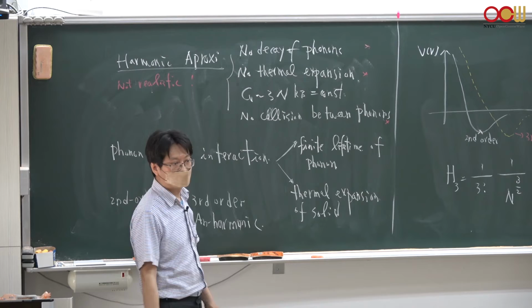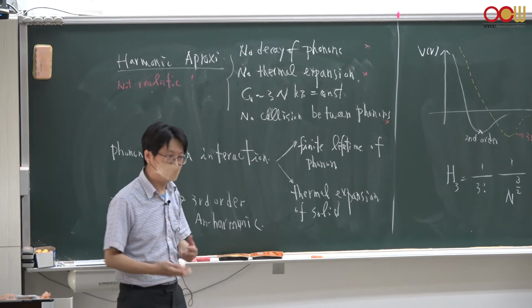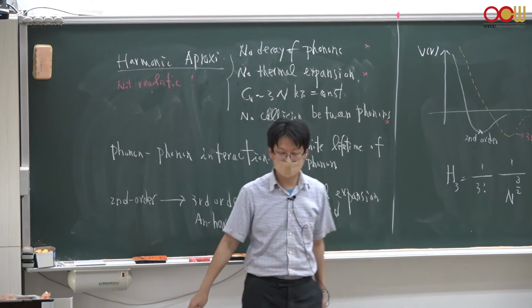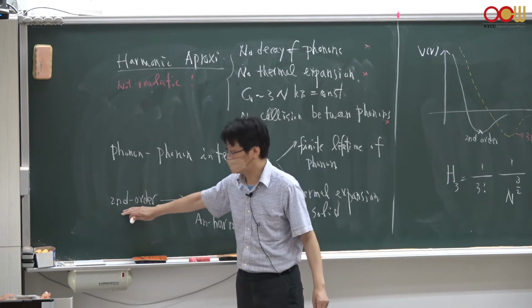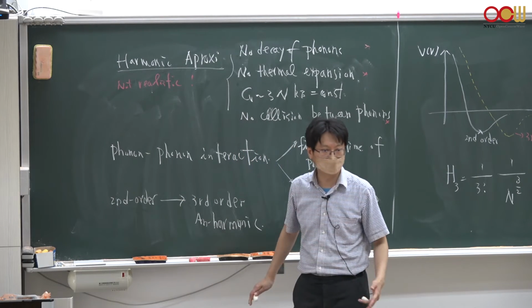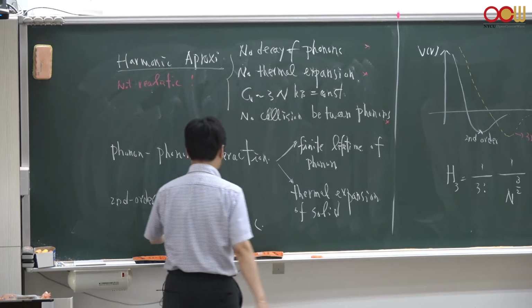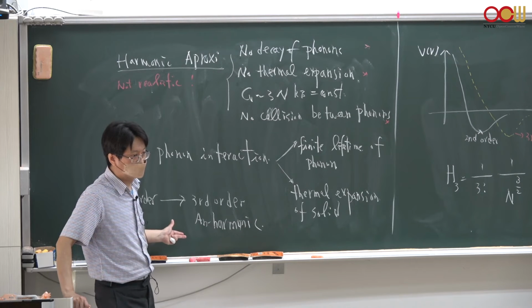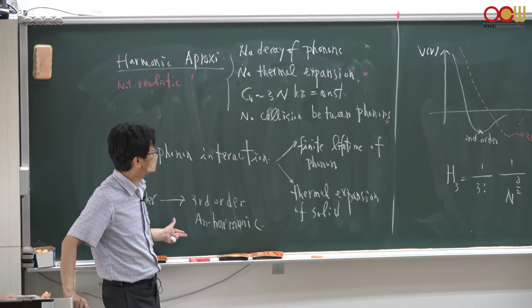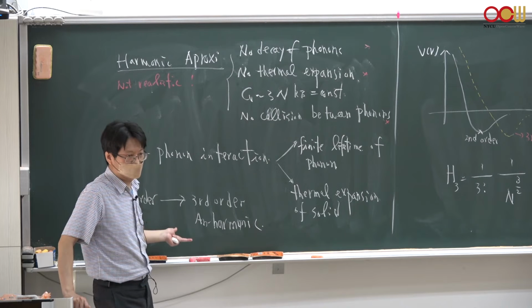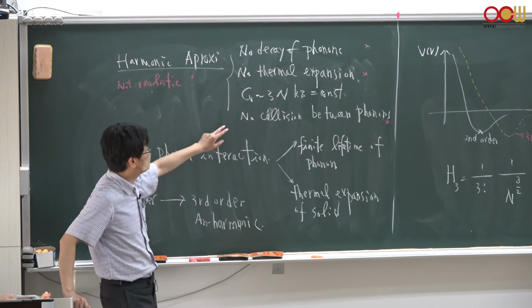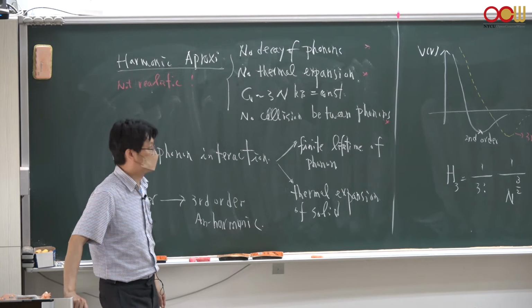Okay, so in order to capture the interactions among phonons, we need to go beyond the second order harmonic approximation that we did here to the higher order so-called anharmonic terms in the potential. And we will do that now, in order to capture more realistic phenomena in solid state.